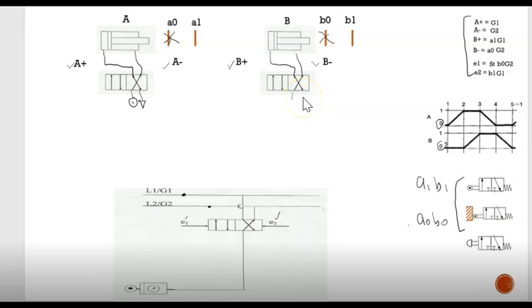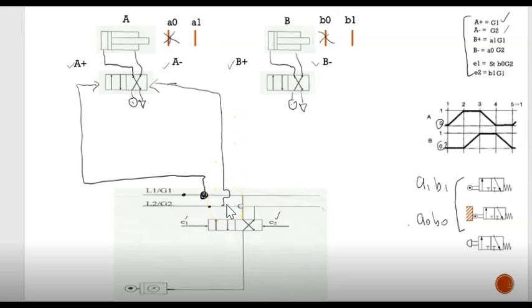Next, we're going to do the A plus. A plus is at G1 and A minus at G2. So we link A plus to G1 here and A minus to G2 here. Make sure you don't connect straight at G1, so you have to do the loop at G2.